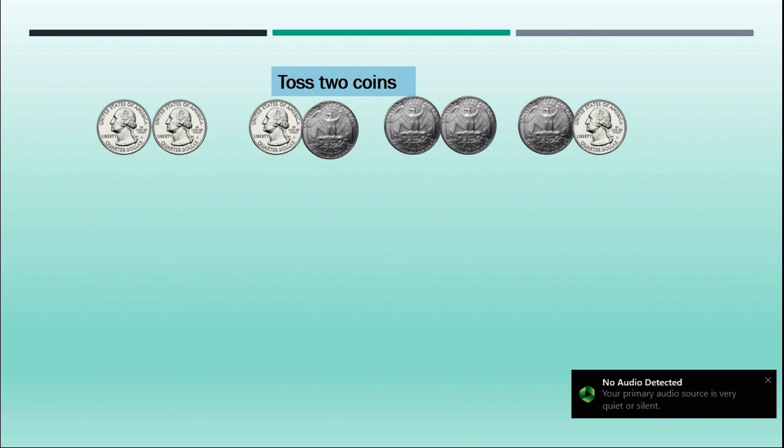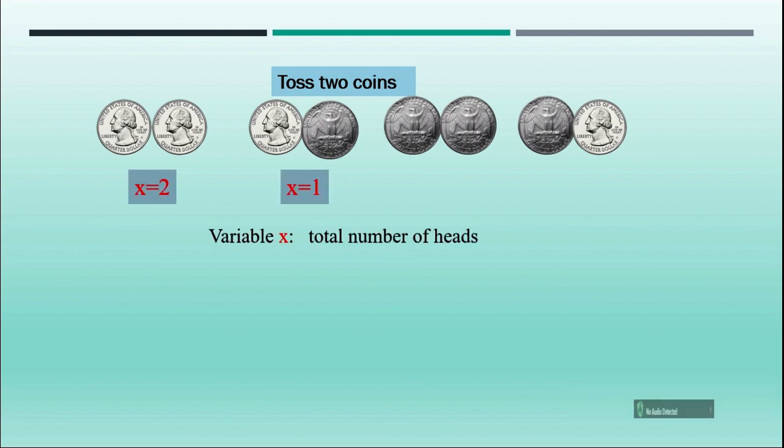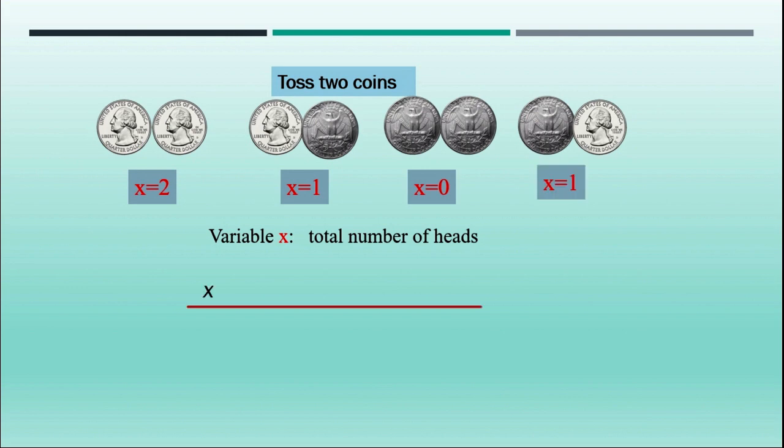X can be 0, 1, and 2. List them on the row of x. For x equals 0, there is only one case out of the 4 cases. The corresponding probability is 1 over 4.